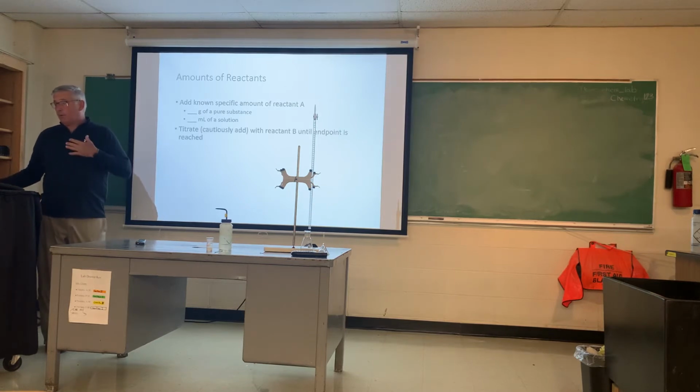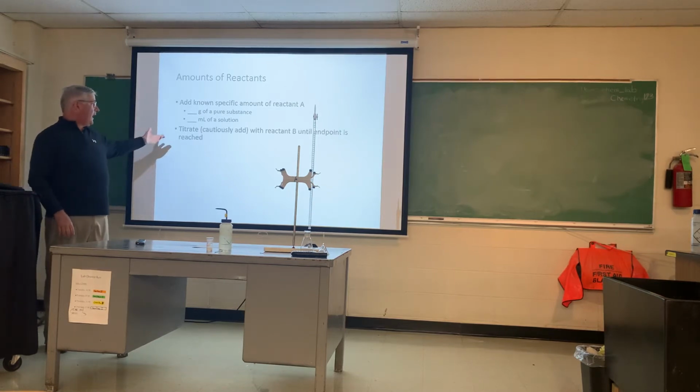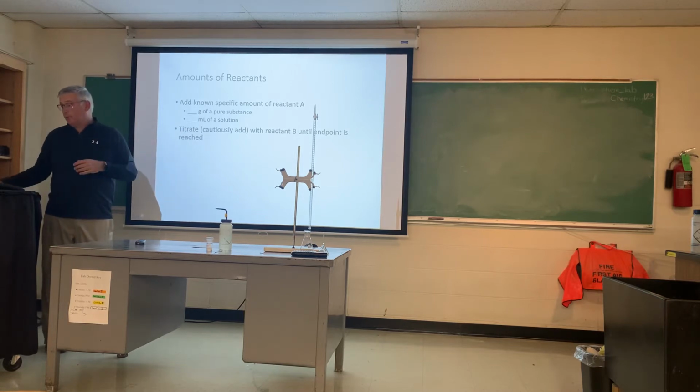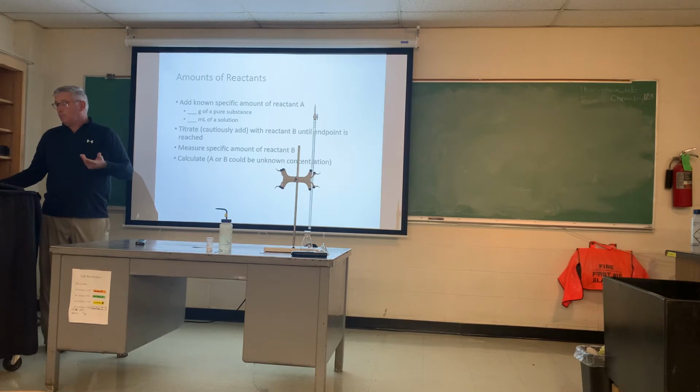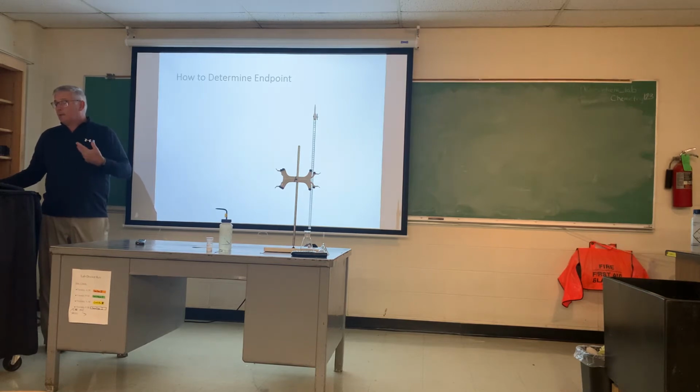And so that's what we're going to do. We're going to titrate with a burette to do that. All right, so once we get that done, you'll have a known concentration, or standardized, sodium hydroxide solution.